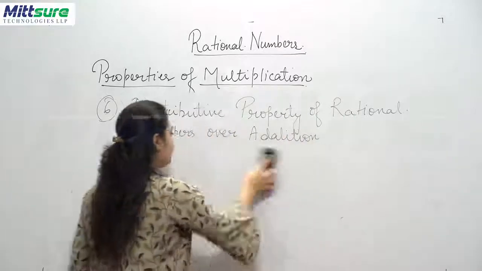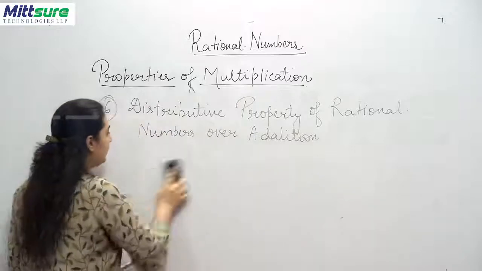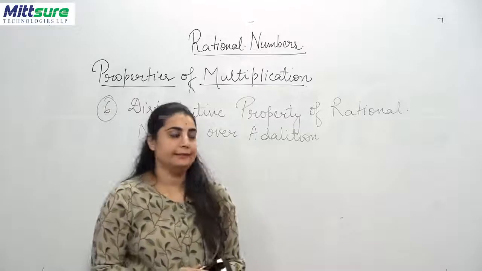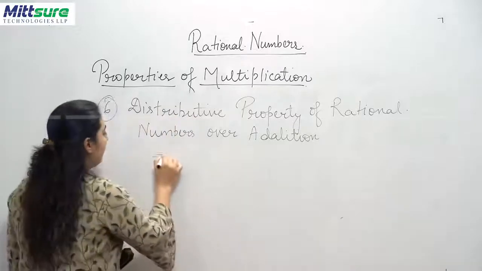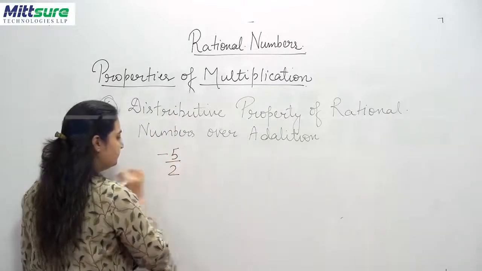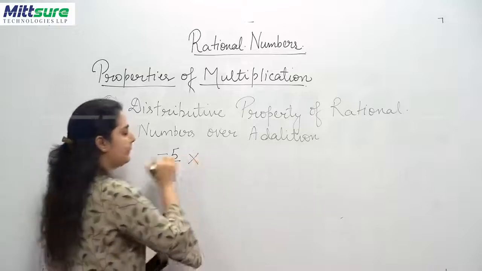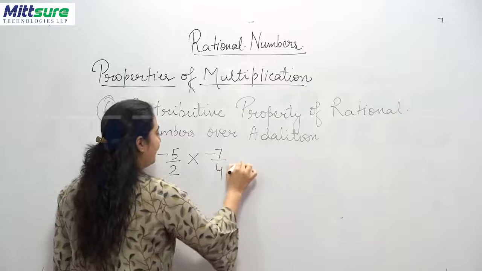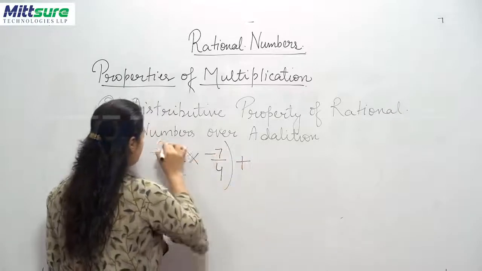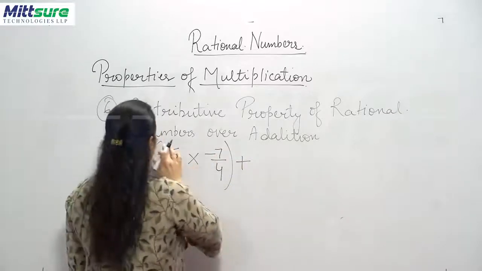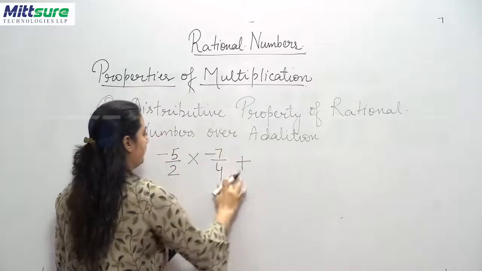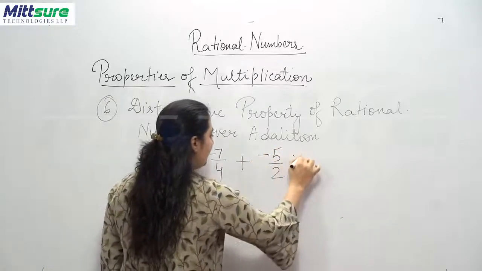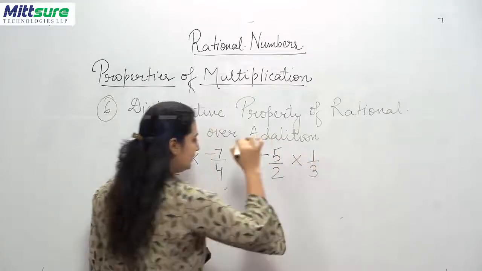I explained the first example with integers because it will be easy for you to relate. Now I will take minus 5 upon 2 multiplied by minus 7 upon 4, plus, this is the first case, then again minus 5 upon 2 multiplied by 1 upon 3.